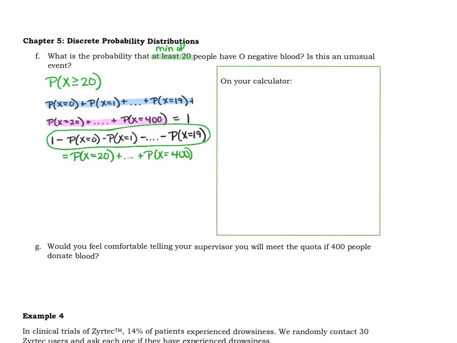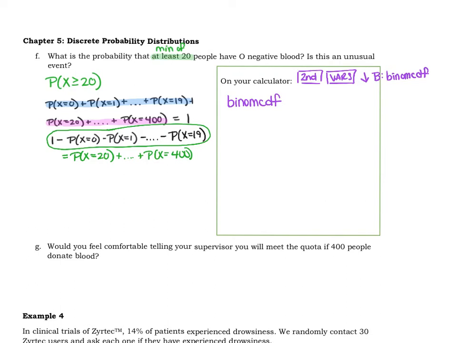The one we want is binom CDF. It is under second, bars, variables, arrow down. It should be B, binom CDF. This is the binomial cumulative probability distribution function.